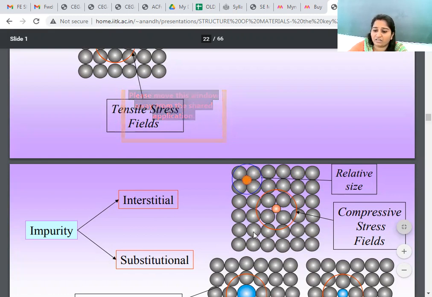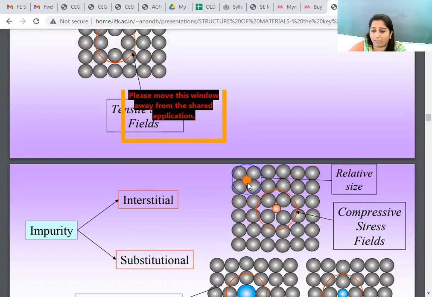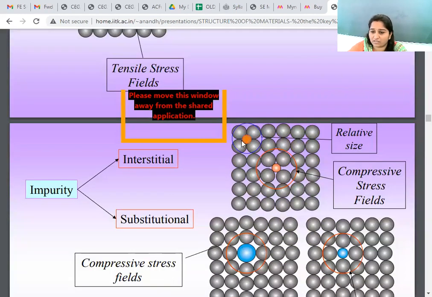We see the repeated structure in the first diagram, and the foreign atom is adjusted in between the regular structure of the crystal. This foreign atom in the gap is called an interstitial impurity. Here the relative size is very small and a compressive stress field is produced, which is shown in the orange circle.